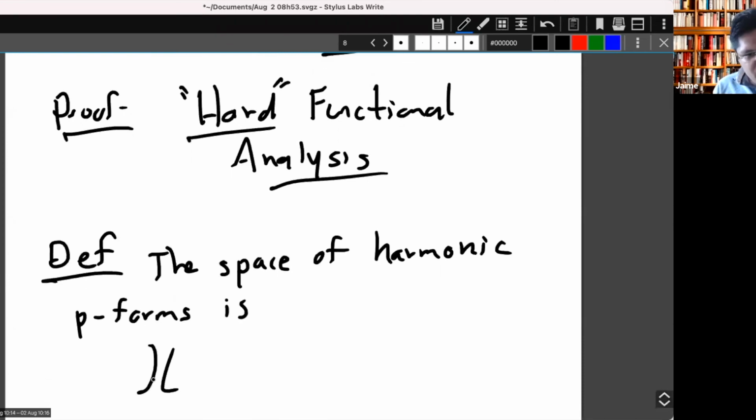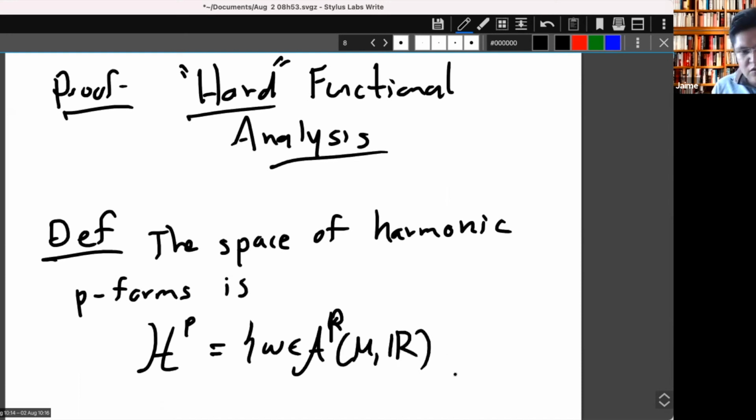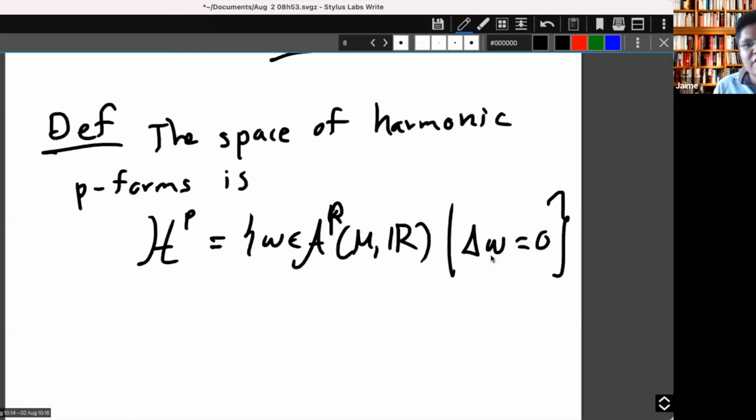We denote these spaces with H, not a normal H, a calligraphic H. These are the forms such that when you apply the Laplacian, you get 0. Of course, when you have the Laplacian on real Euclidean space, you get the usual definition for a harmonic function.